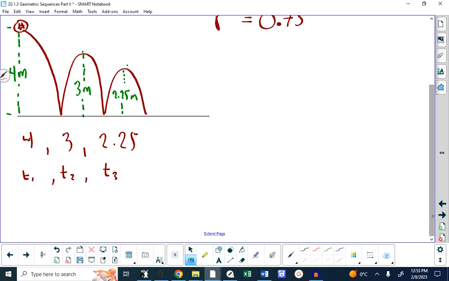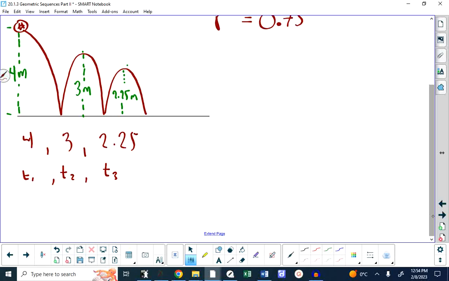But here's the problem. The second term is the height it reaches after the first bounce. The second term is not the height it reaches after the second bounce. Look at the diagram. The second term, 3 meters, is the height it reaches after the first bounce.